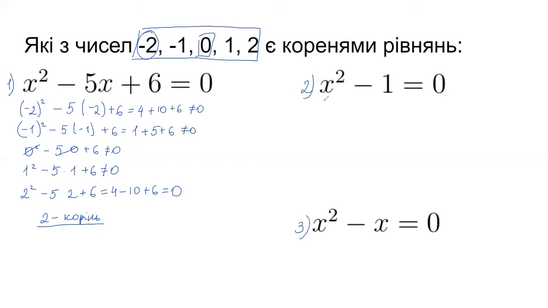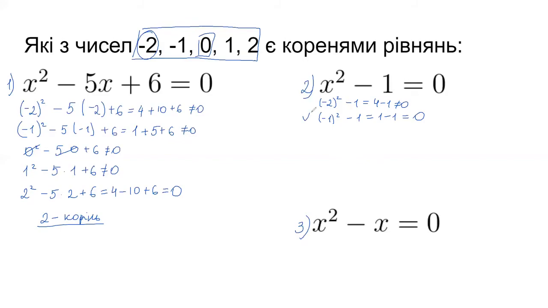Let's try the first. (-2) squared minus 1 equals 4 minus 1, which is not 0. Let's check -1. So (-1) squared minus 1, it would be what? 1 minus 1, which is exactly equal to 0. Yeah, we got one root.